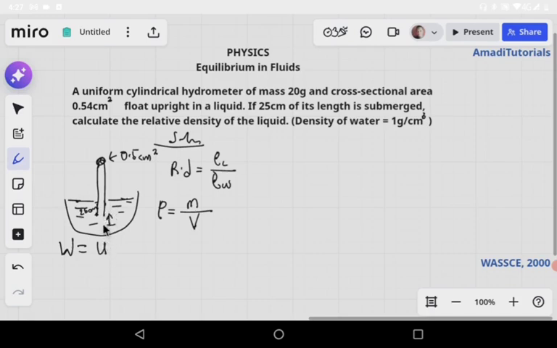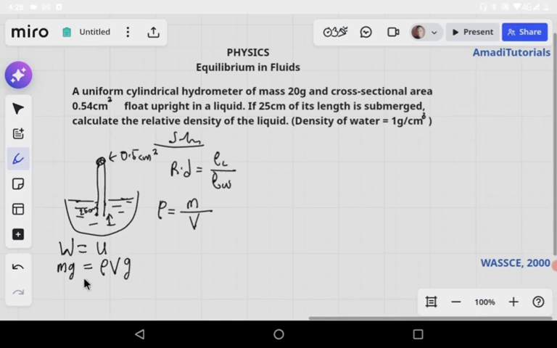So the principle of flotation says that if a body is floating, it means that the upward force from the liquid called upthrust is equal to the weight of that body. The weight of a body is given as the mass of that body times acceleration due to gravity. And upthrust is also defined mathematically as the density of the liquid times the volume of the liquid displaced times acceleration due to gravity.